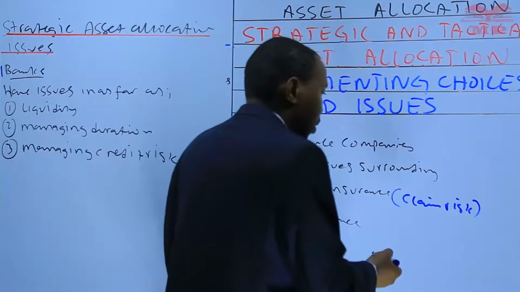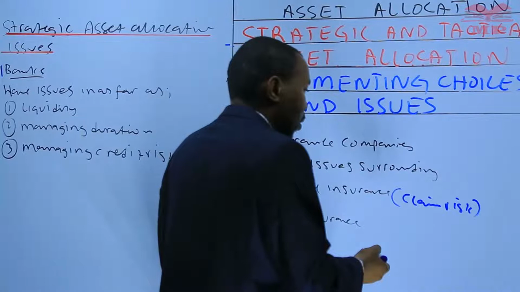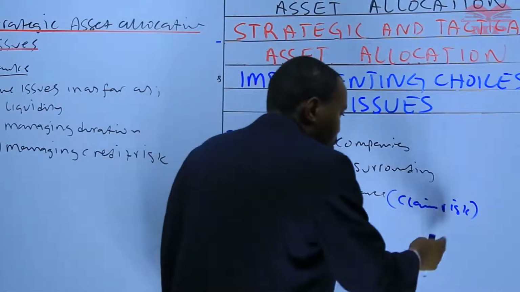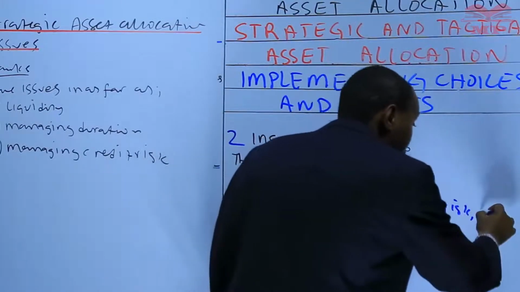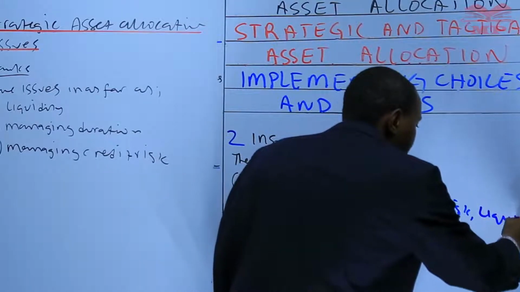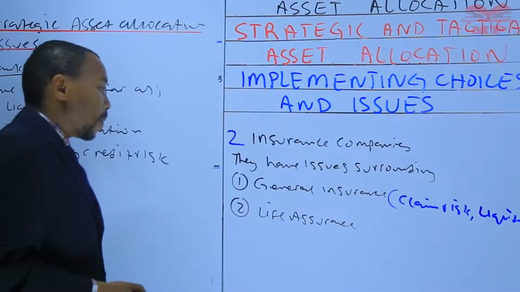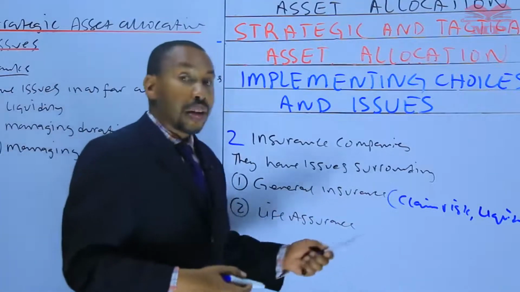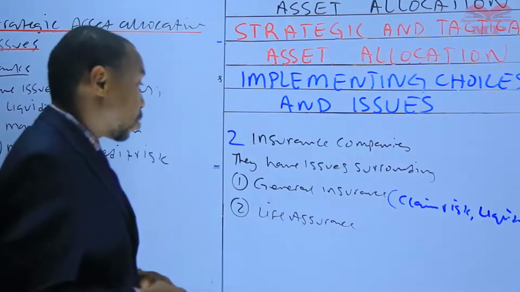As well, liquidity is also a concern for general insurance companies. How much money should we invest in real estate? Because when the claims come, we need to manage our cash flows very well.